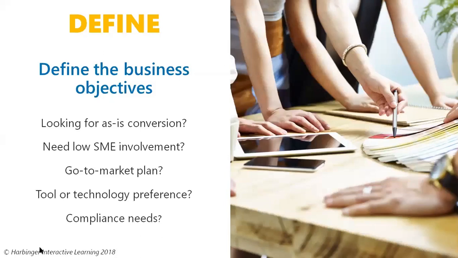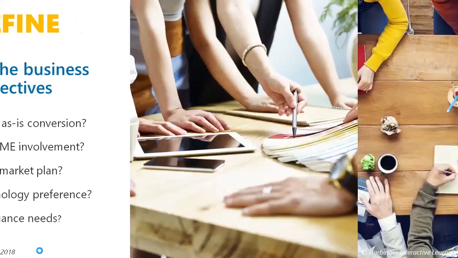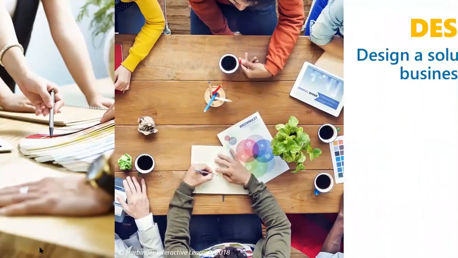And compliance needs. Does it need to be Section 508 compliant or WCAG 2.0 compliant? So all these questions are put on the table during the define process, and what is best suited for the business is selected out of them, and then we move into the design phase.